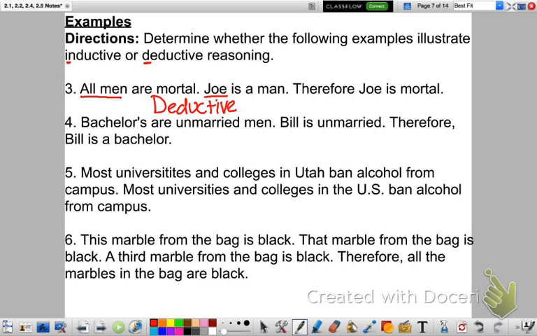Number 4. Bachelors are unmarried men. Bill is unmarried, therefore Bill is a bachelor. Bachelors, big picture to a specific instance. So, deductive.